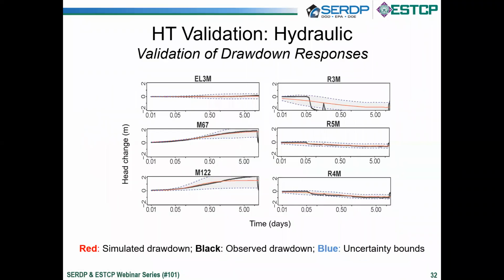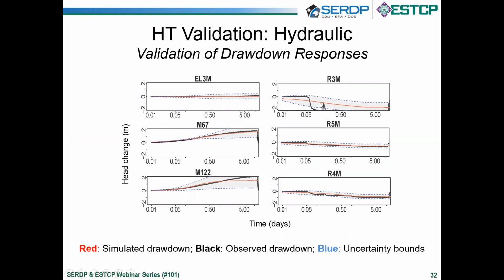Next, we're going to look at the validation. During this time, we also identified a series of pumping responses where the pumping had been steady for a while, and then we changed the pumping. So using one of the events as validation, this graph shows the prediction from the model. The black line is the actual measurement by the transducer.